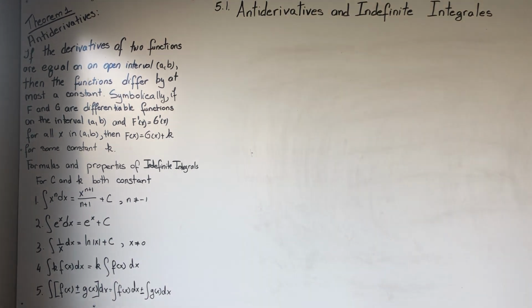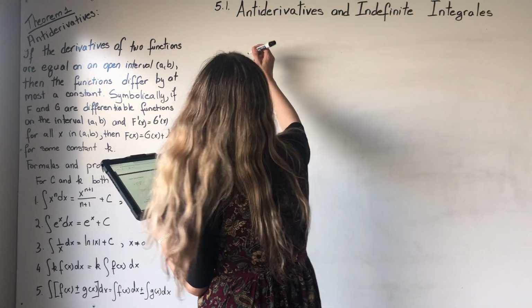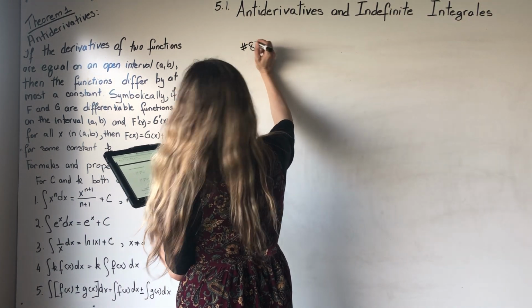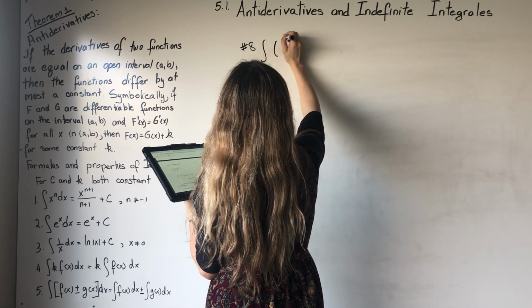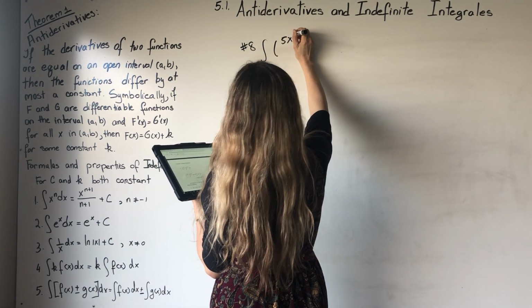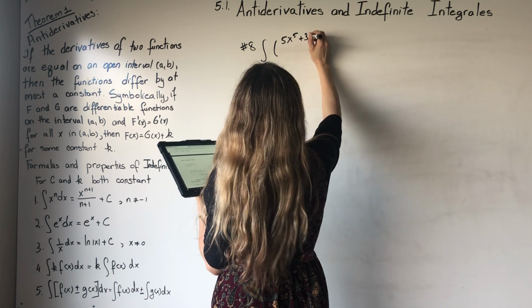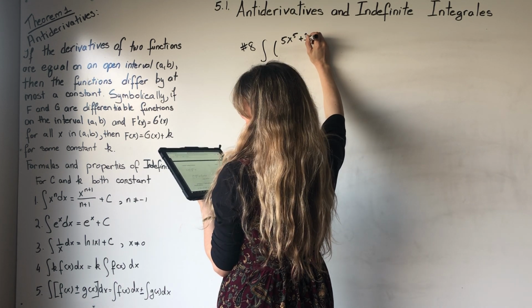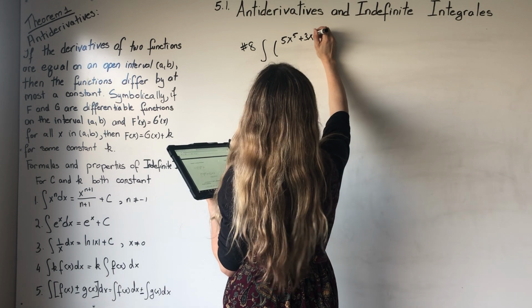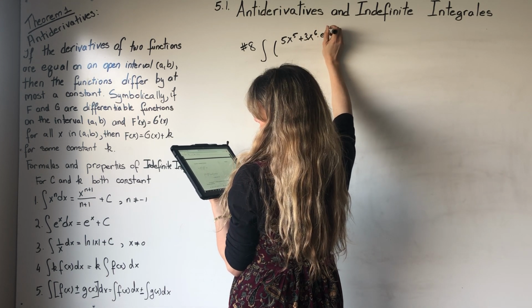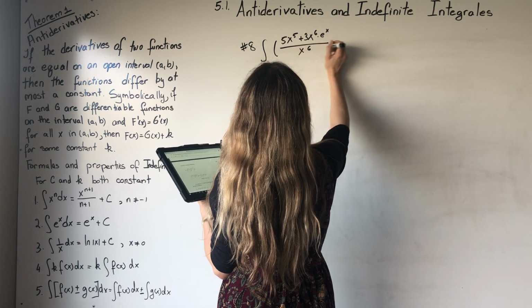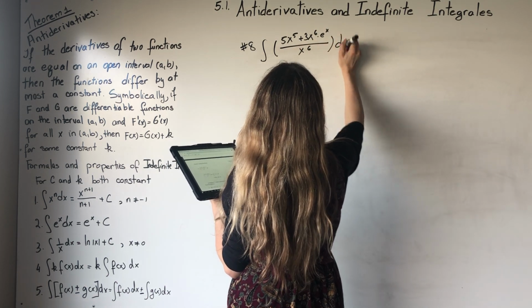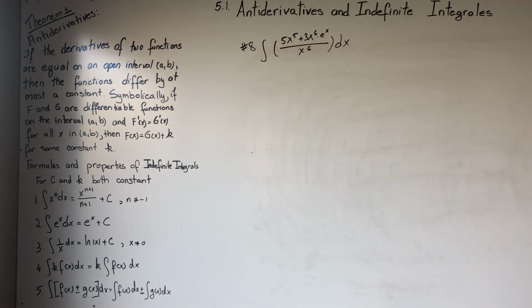Okay, let's see. Number 8. So, same thing. The integral of 5x to the 5th plus 3x to the 6th times e to the x, divided by x to the 6th, dx. So let's solve this one.